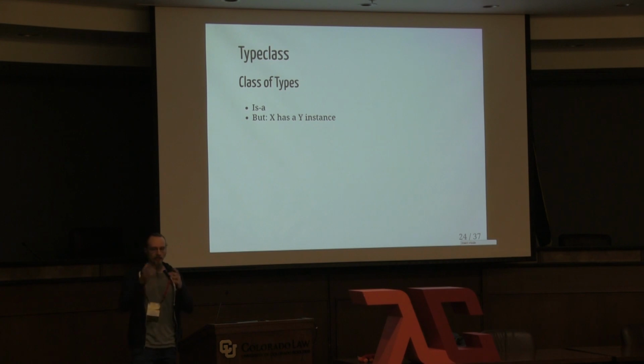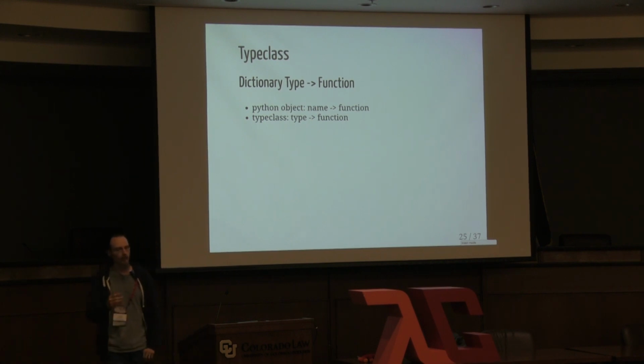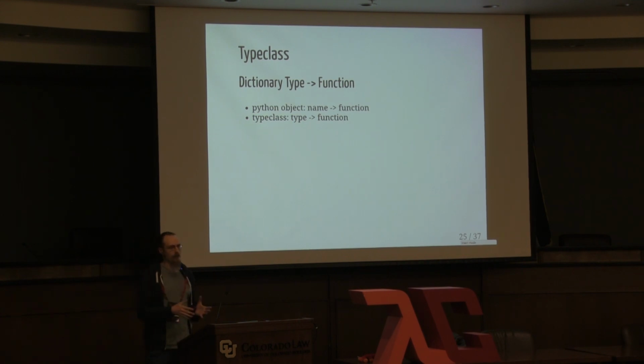So you could say that list is a member of the semigroup class. And the expression of that is that it has a semigroup instance. And you can call the append function from it. The second part is it's basically a dictionary from a type to a function. This usually comes best if you think of Python, where objects are basically dictionaries from names to functions.